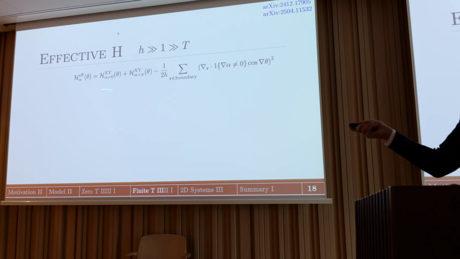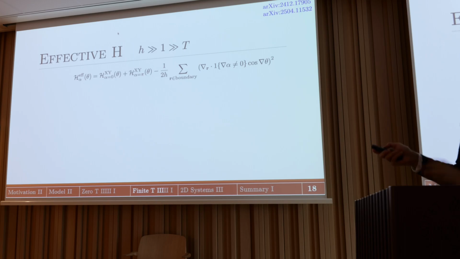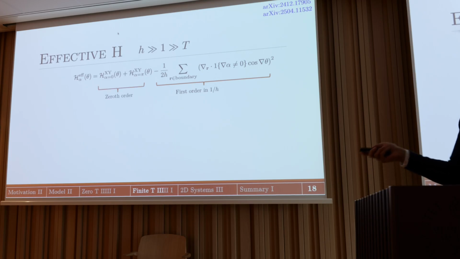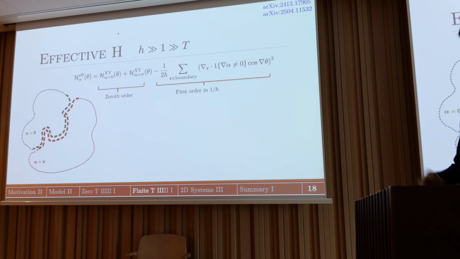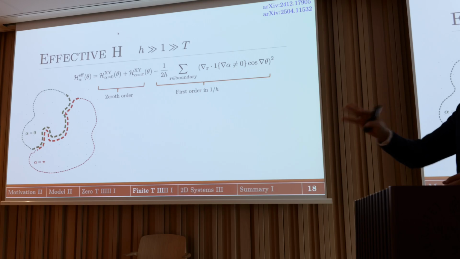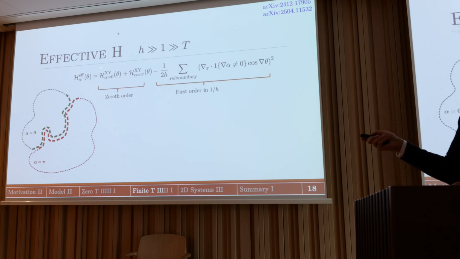Okay, so let's look at the effective Hamiltonian. Even without going into details, notice that my first order term is first order in 1 over h. So in the large h limit, what determines the transition temperature is going to be the first two terms. So what is the zeroth order term? First, I'm going to go back to my cluster model, partition again, and the first term is literally the XY model on my subset.